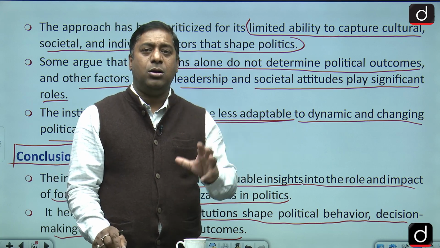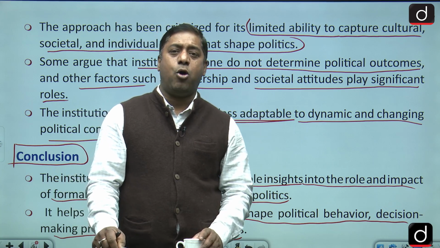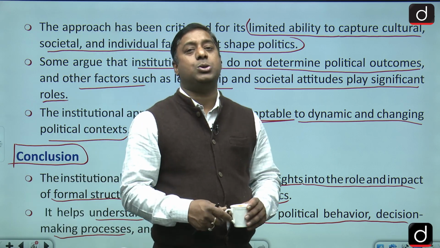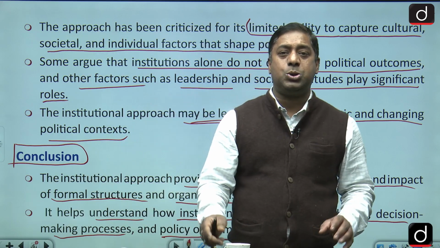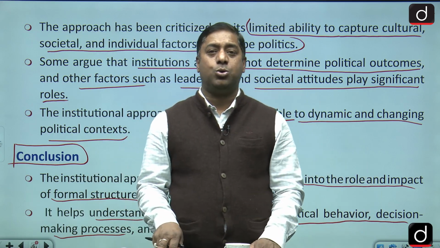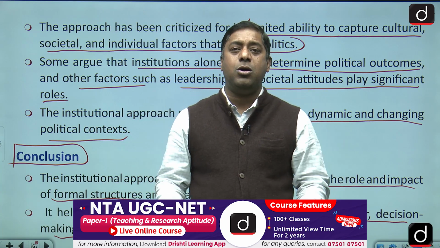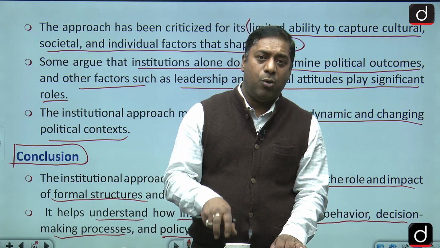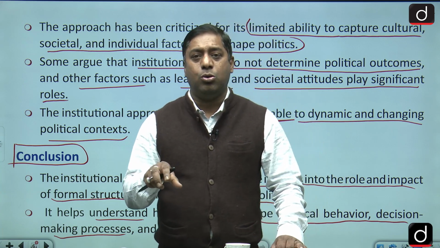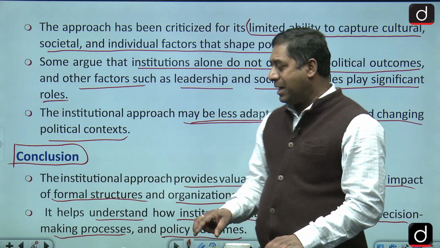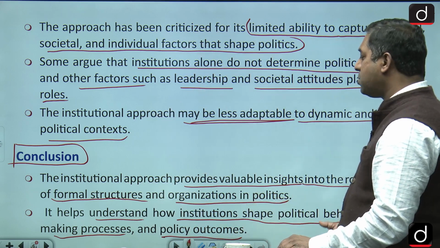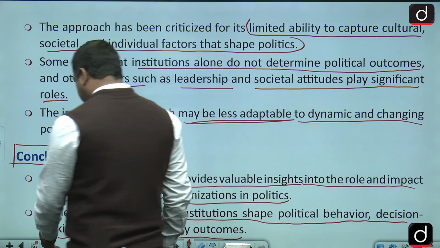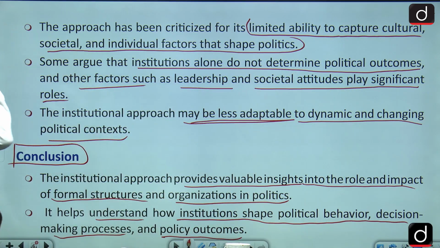So the overall institutional approach is giving importance to political institutions, and that too formal political institutions. These formal political institutions are playing a very big role when it comes to political behavior, governance, all the various government activities, policy outcomes, decision making, everything. Okay, but at the same time they were criticized.